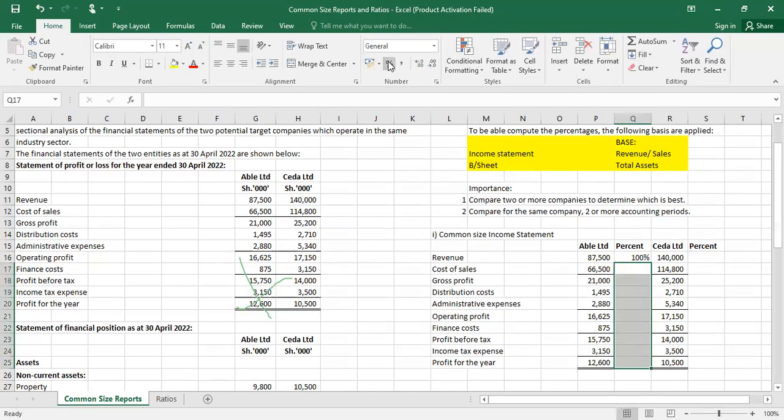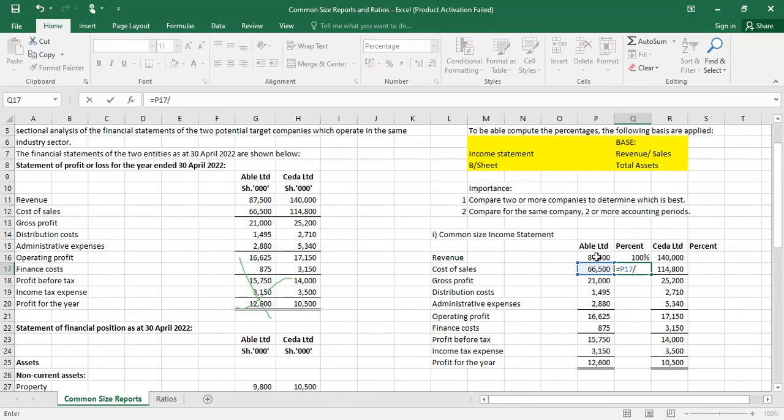And so we shall do the same thing for all the items from cost of sales to the profit for the year. So you take the item, like now cost of sales is 66,500.